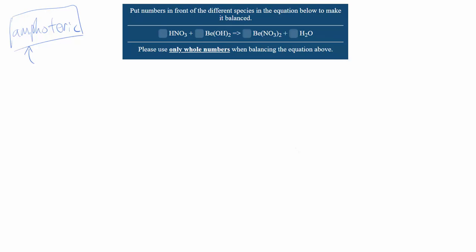Okay, so the first thing I'm going to do is work on auditing this equation. I'm going to look at the frequency with which elements occur on either side of the equation. So let's go through that process. We're going to look at the left hand side, LHS, and the right hand side, RHS.